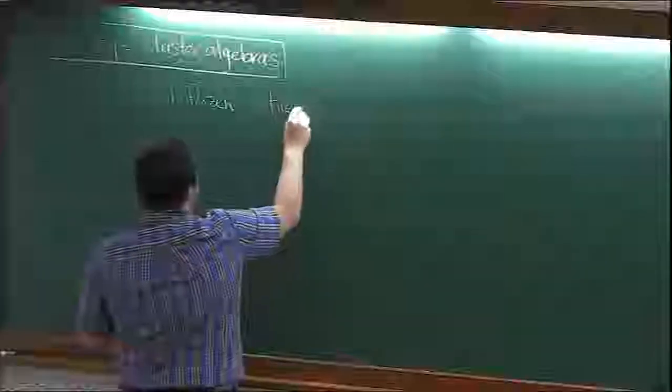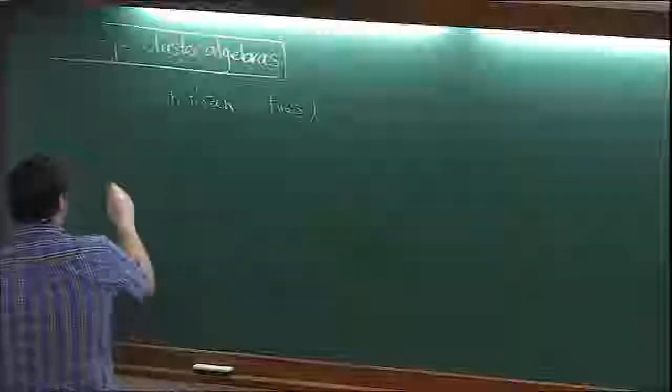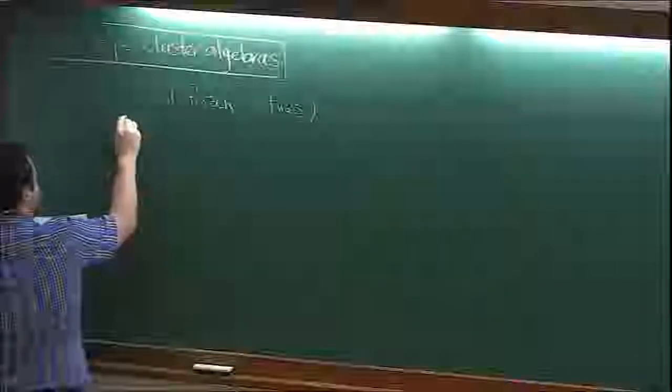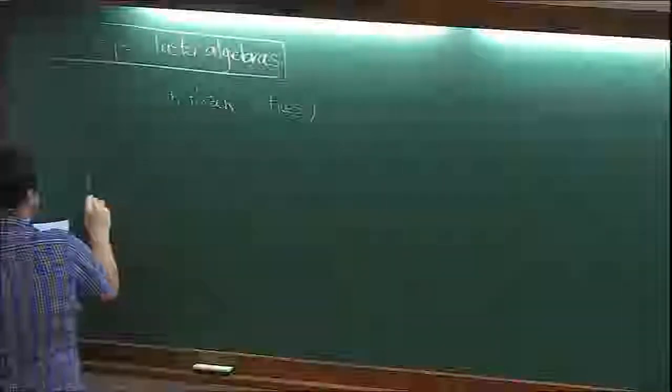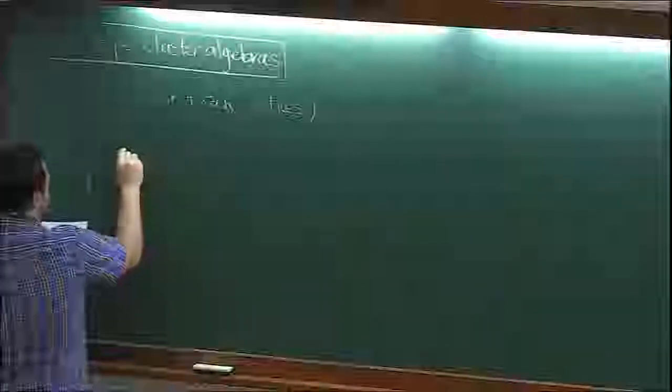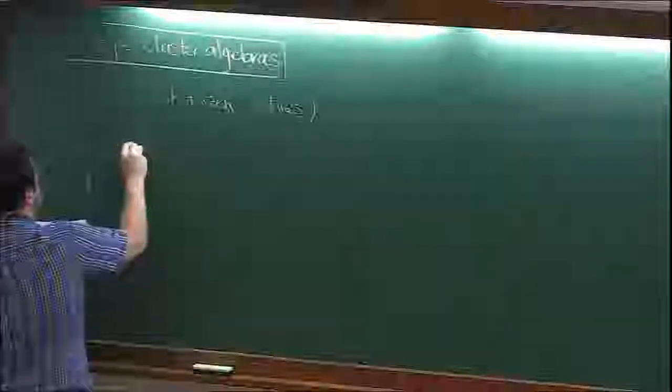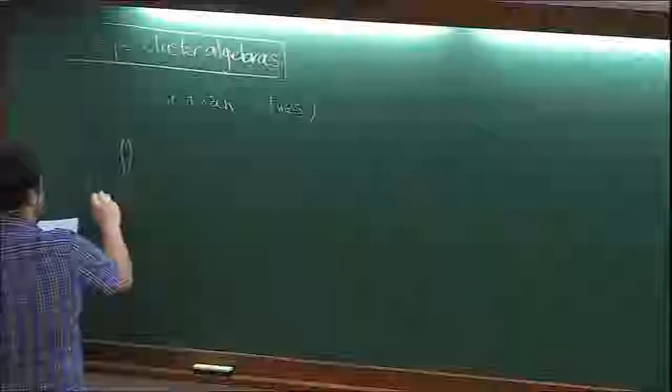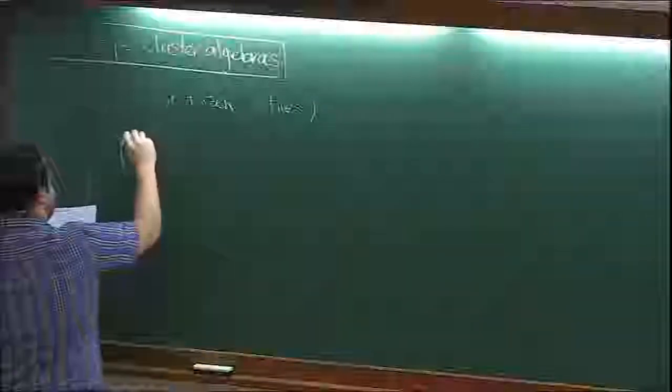So if I have a quiver, maybe with frozen vertices, remember, these are the ones that I'm not allowed to mutate at. Say maybe this one as an example. I gave this one last time. I called it the dreaded torus. I encouraged you to play with this one and see that you get a finite number of quivers, that this cluster algebra is in fact of finite mutation type.